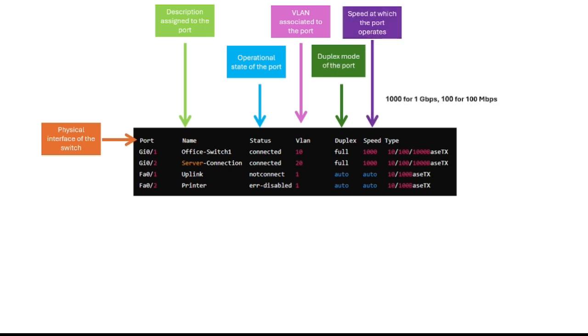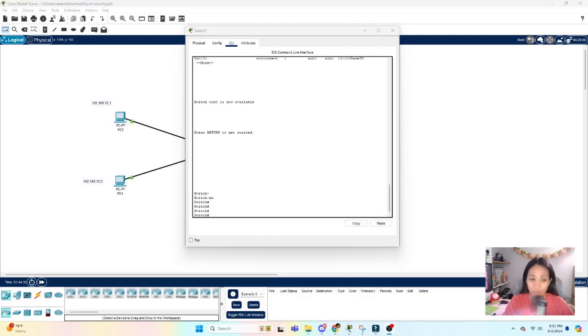The next column is the speed at which the port operates. It can be 1000 for 1 gig per second or 100 for 100 meg per second. The last column is the physical media type of the port, and this specifies the type of Ethernet standard and the maximum supported speed. So when do we often use the show interface status command?